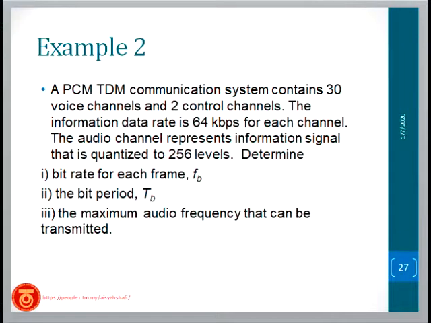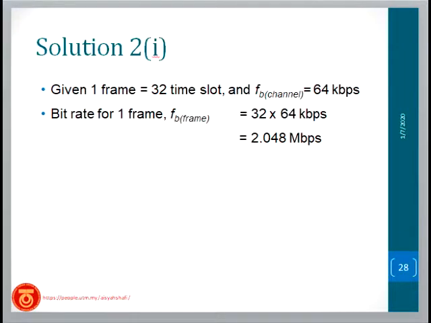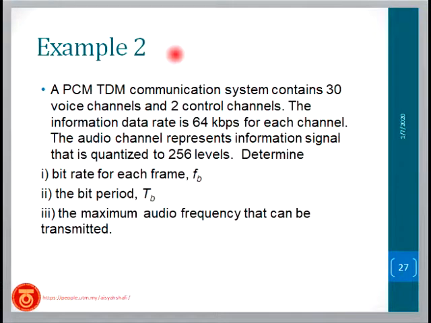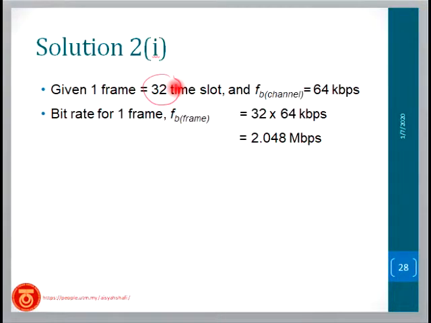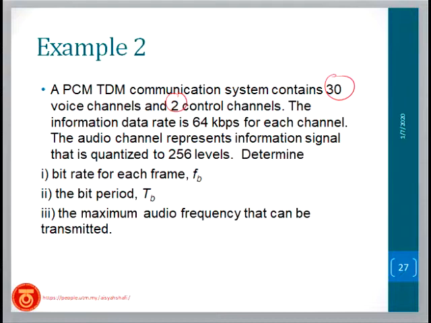Okay, given here one frame has 32 time slots, based on 30 plus 2, and the rate is 64 kilobits per second for each channel.